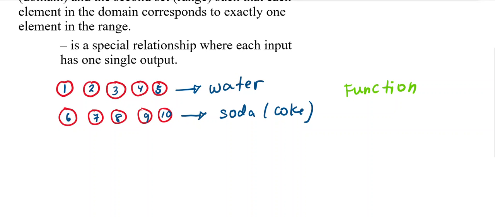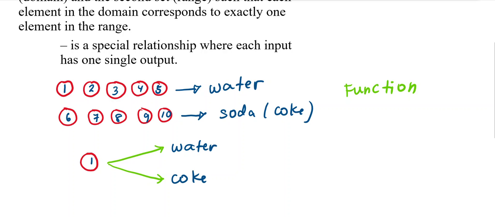Now, it's not a function when, let's say I press 1 and I'll get either water or Coke.